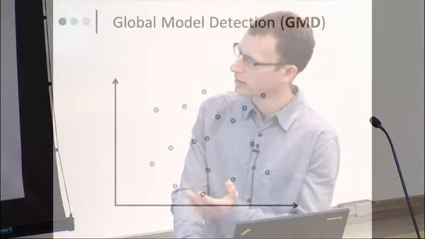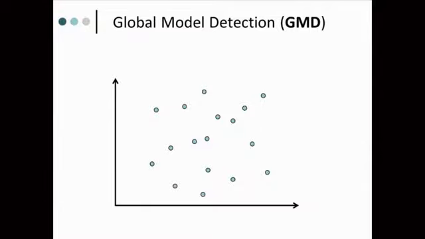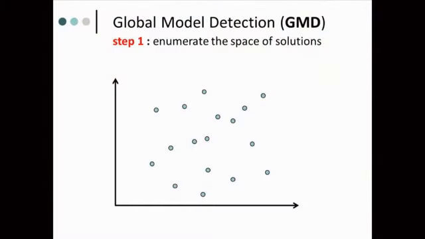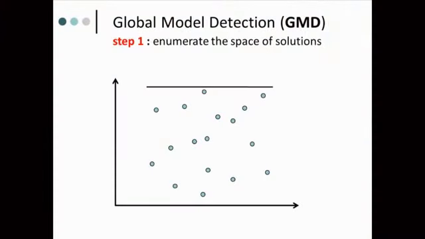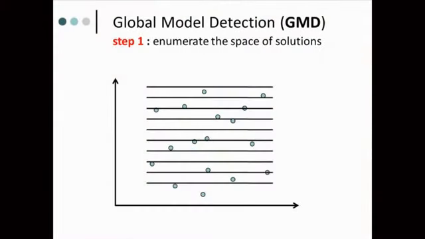Now, our method works in a very different way, and we call it GMD, Global Model Detection. So what we start with, as I suggested before, is we look at a sample of the complete space of solutions. So in this case, we're looking at a set of lines. For instance, we take this sampling of horizontal lines.